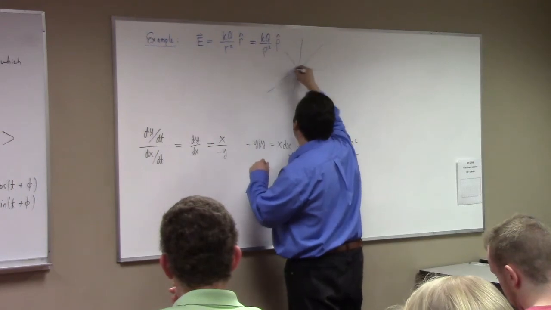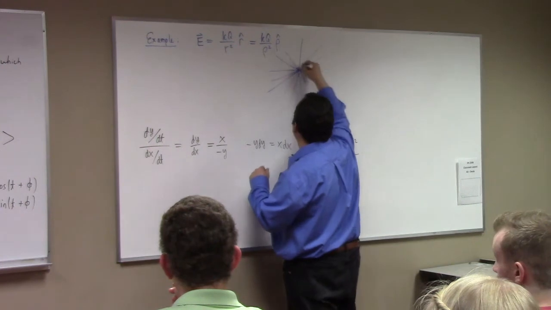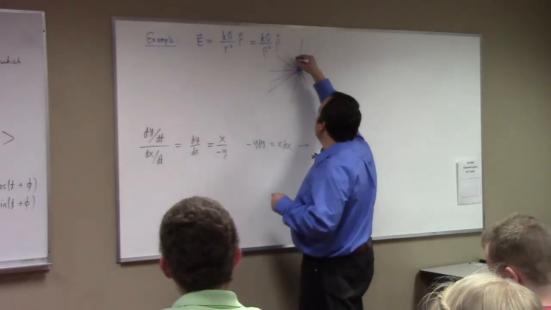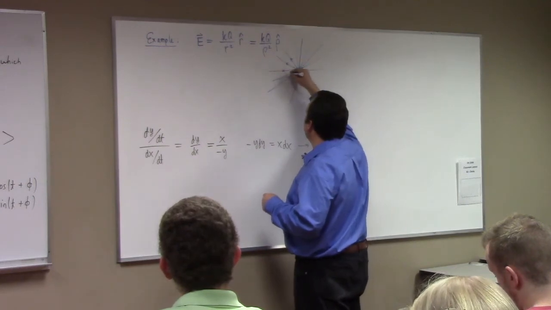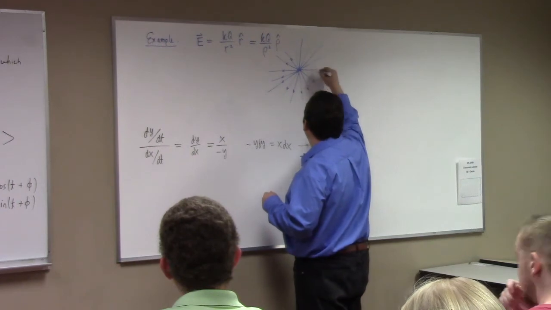And I can't really do this justice, but these should be symmetric from the origin, coming out at you, going into the board, going every different which way, symmetrically so in all directions. These are the field lines. And so we think of electrostatics, we think of the field lines as emitting or emerging from where the charge is. All right?